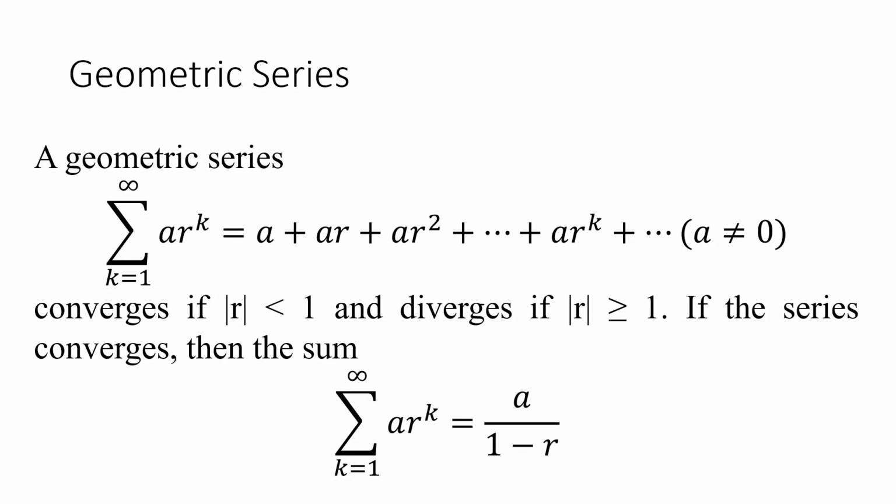Take note, it converges if the absolute value of r is less than 1, and it diverges if the absolute value of r is greater than or equal to 1. If the series converges, then the sum is equal to a over 1 minus r.